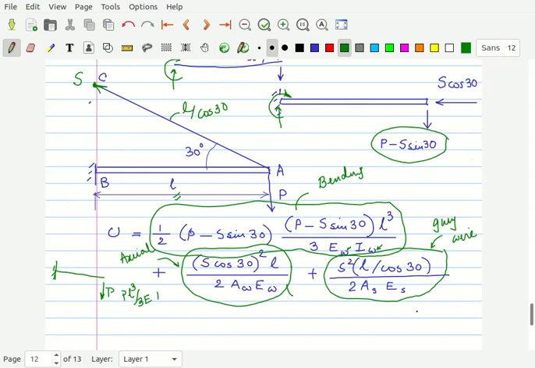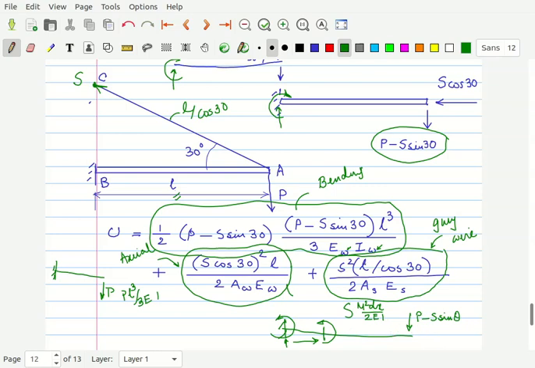Now you may wonder, for the cantilever beam, here there is a load of P minus S sin theta. So what we could have done is, we could have shown the support reactions, then cut here at a distance x, shown the bending moment here, and integrated M square dx by twice EI over the whole length of the beam.